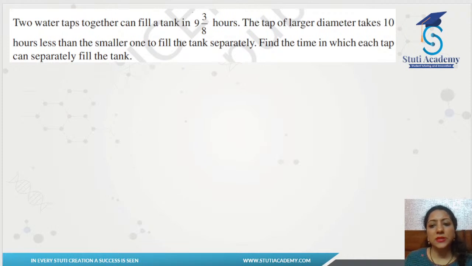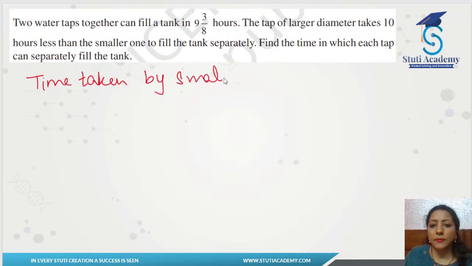So we have two taps here, a larger one and a smaller one. Now it's given to us that the larger one takes 10 hours less as compared to the smaller one. Now let us say that the time taken by the smaller tap be x hours.